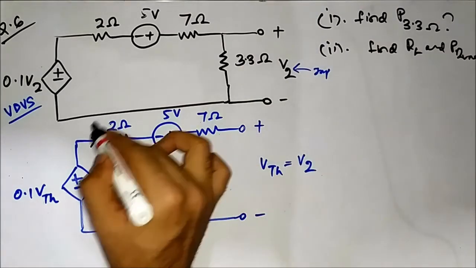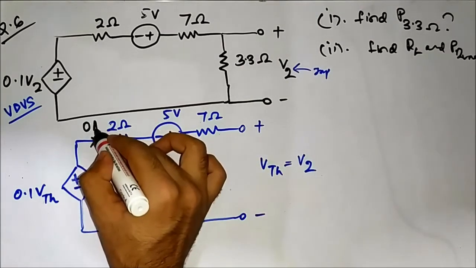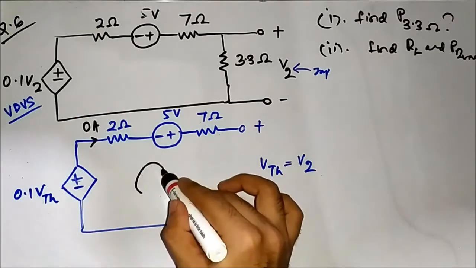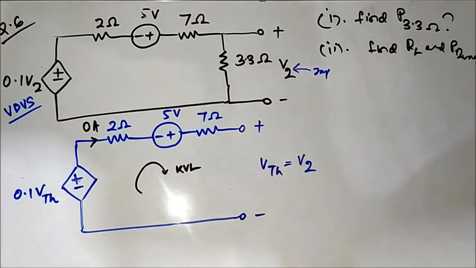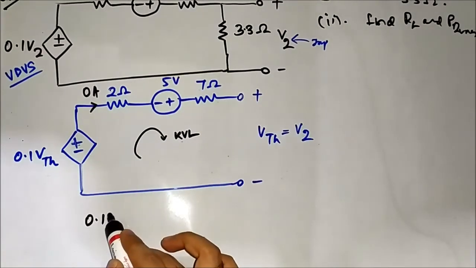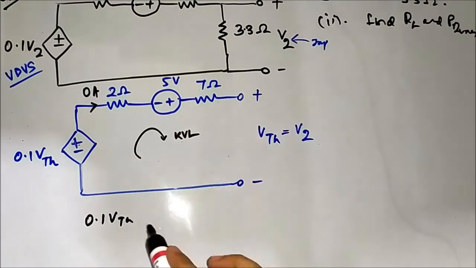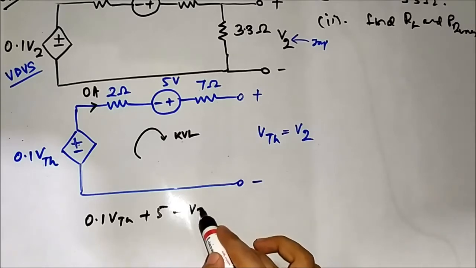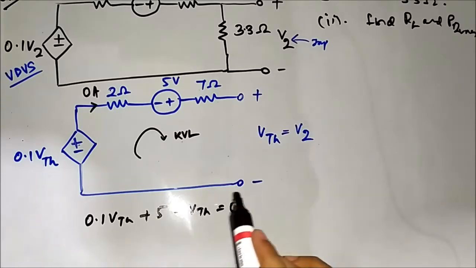current flowing through these resistors will be 0 ampere. So when we apply KVL here, it will be 0.1 VTH plus 5 minus VTH is equal to 0.